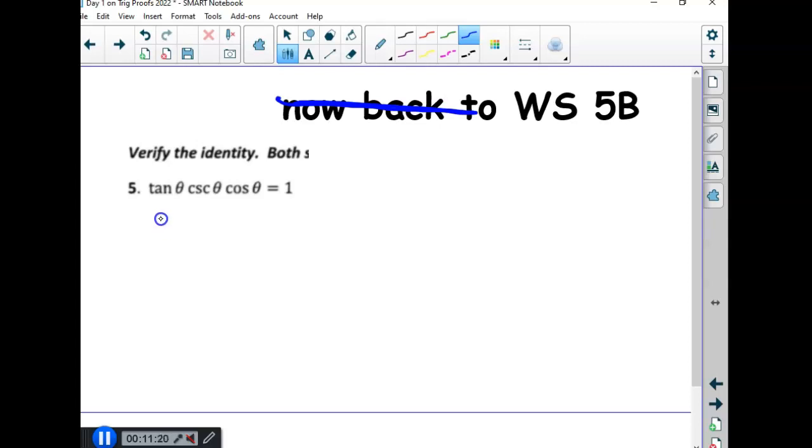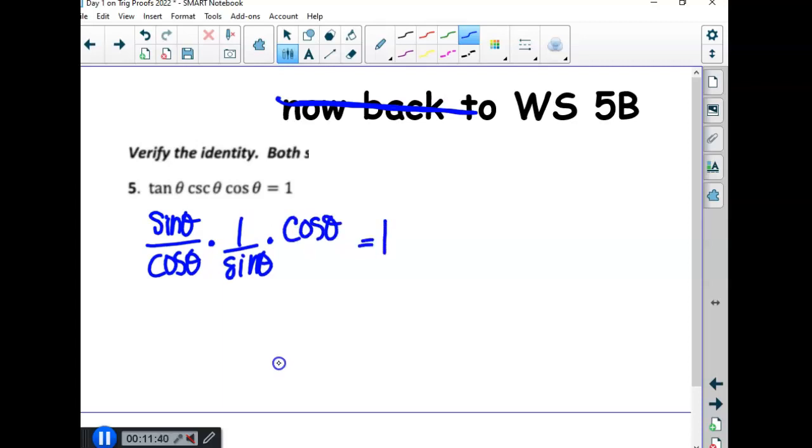What's a tangent? What's a cosecant? Does everything divide out like it says it should?